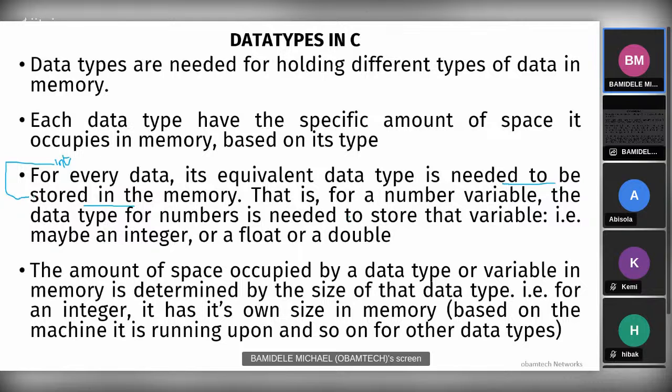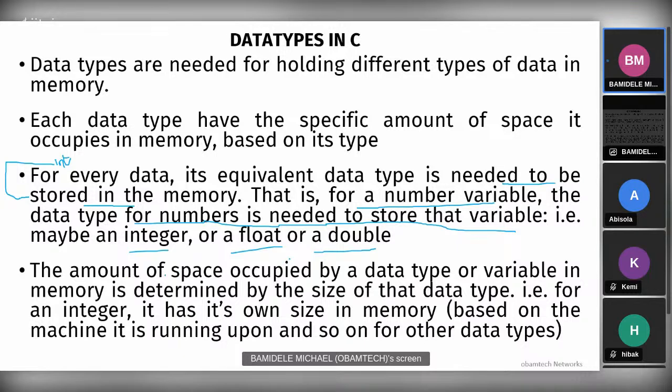For a number variable, the data type for number is needed to store that variable. If you are declaring a number variable, probably it is an integer, a float or a double. So in C, as we have said, there is a data type for holding that type of data.